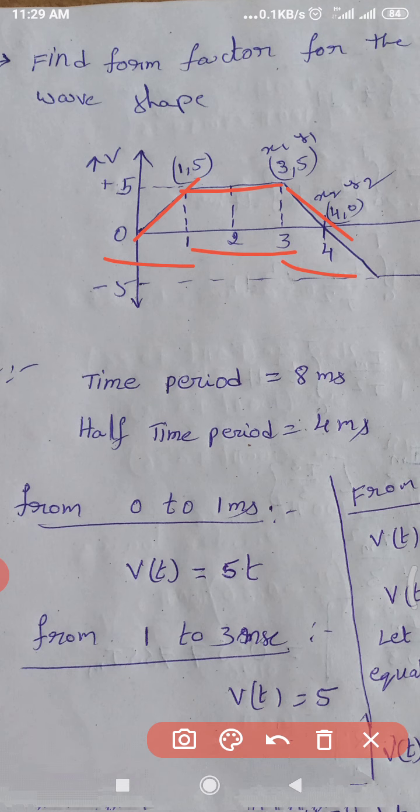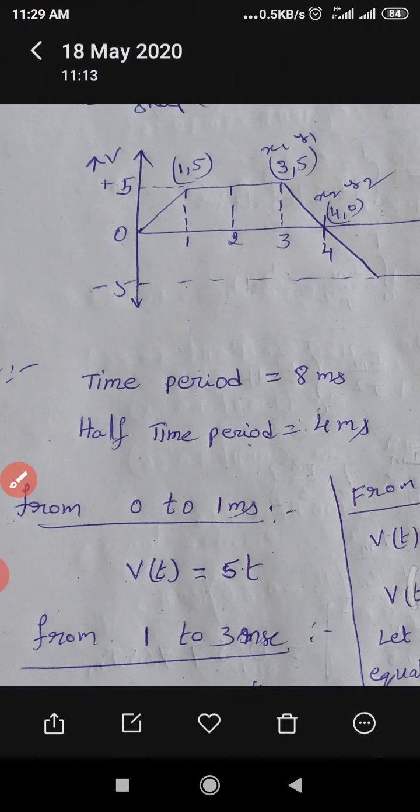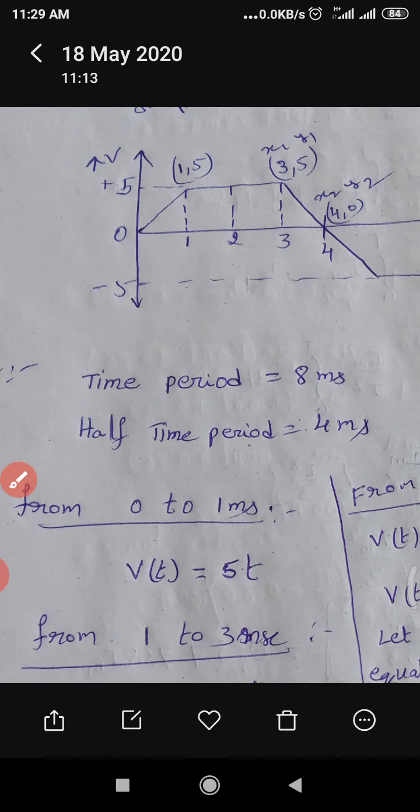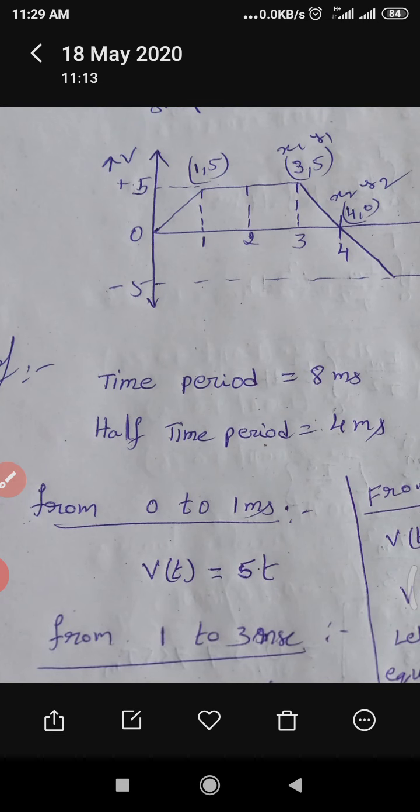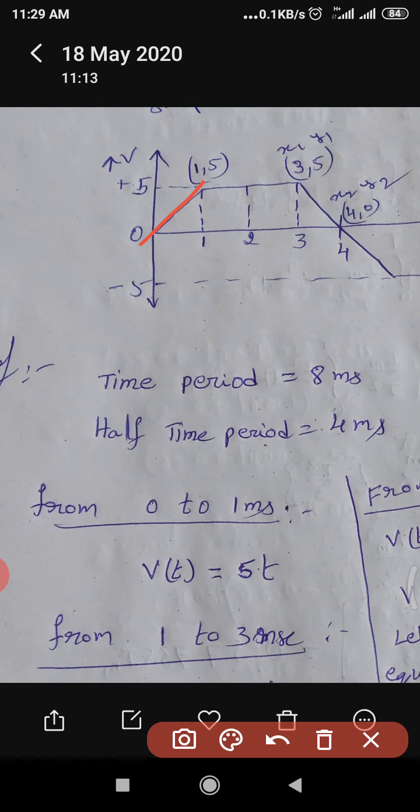So the wave shape from 0 to 1 millisecond. Let us see here, it is 0 to 1. If you consider the points here, one is 0 comma 0 and another is 1 comma 5. If you find the value by taking 0 comma 0 and 1 comma 5, we get v of t is equal to 5t. Okay?